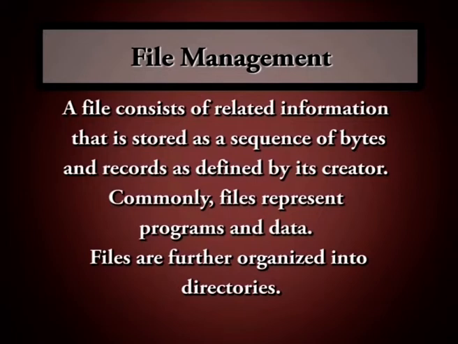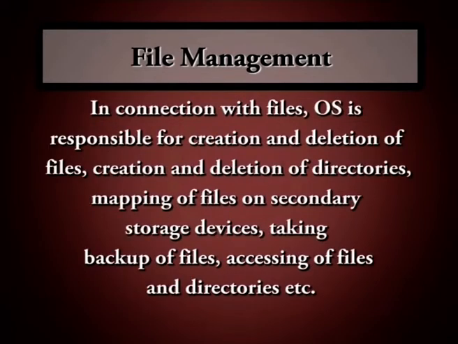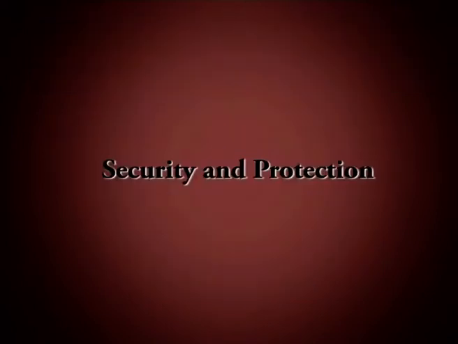Files are further organized into directories. In connection with files, the operating system is responsible for creation and deletion of files, creation and deletion of directories, mapping of files on secondary storage devices, taking backup of files, accessing of files and directories, etc.